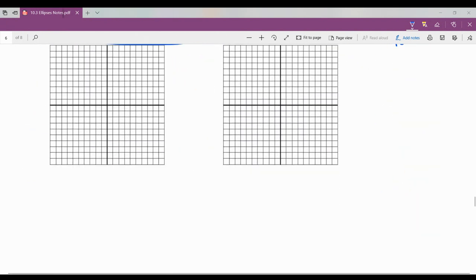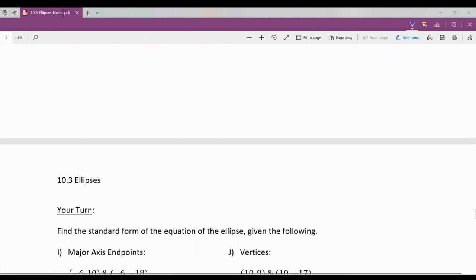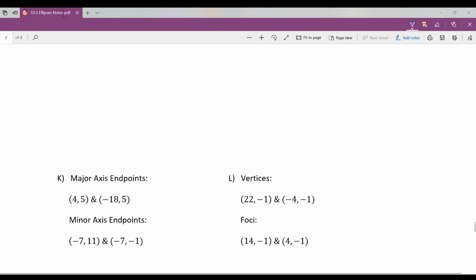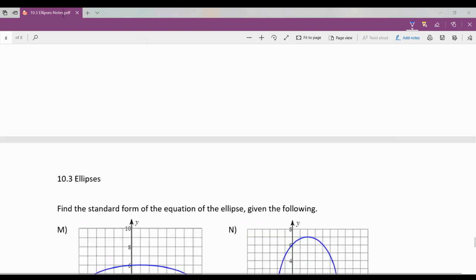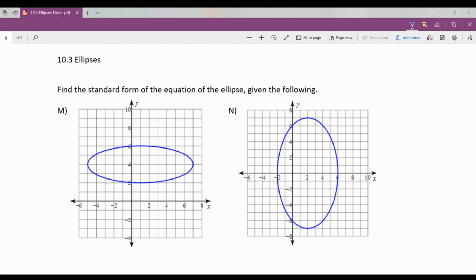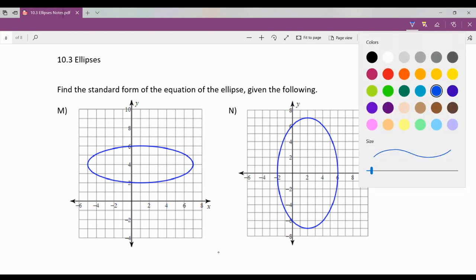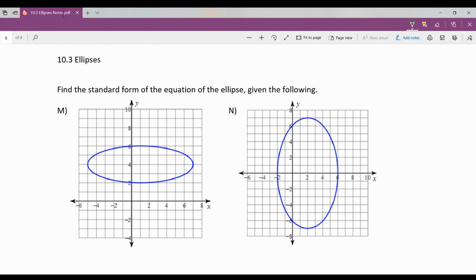All right, so on to the last one. I just want to do one example of it, so I'm scrolling down to show you. I think you guys will be able to get these even if I didn't talk you through it, but I didn't want to just do this without ever showing you an example. All right, so I'm going to change my pen color to bright green. We've got the graph given to us and we want to find the equation.